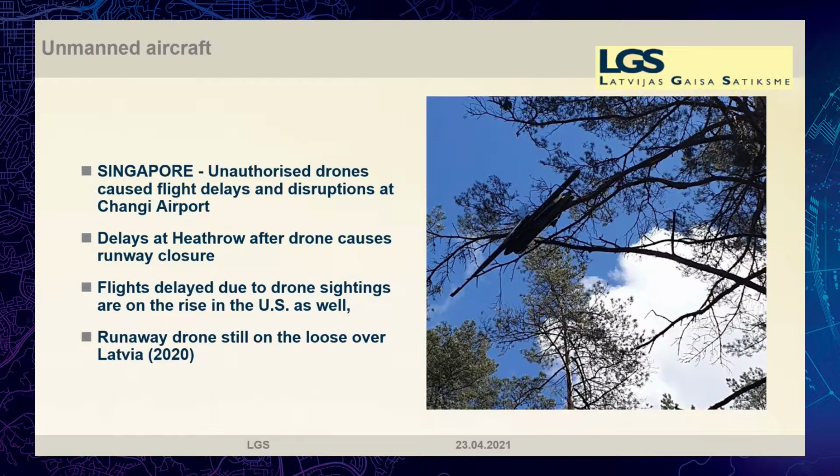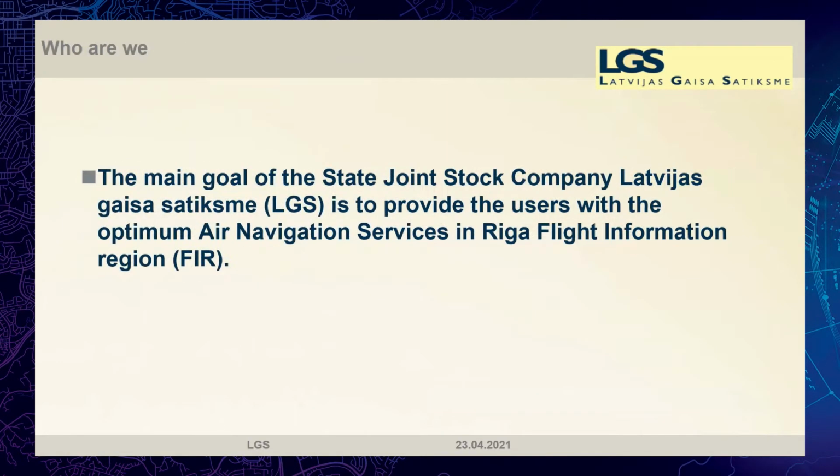For a couple of days, there were airspace restrictions caused in our Latvian airspace, due to a drone which ended up hauled up in the trees at the end. So this is where we can come in and help with this situation.